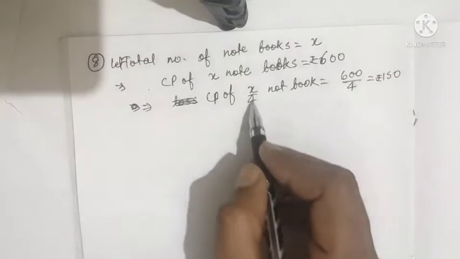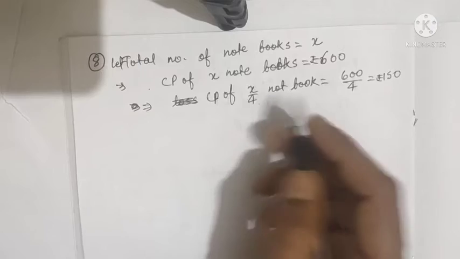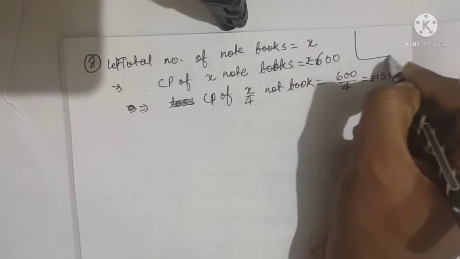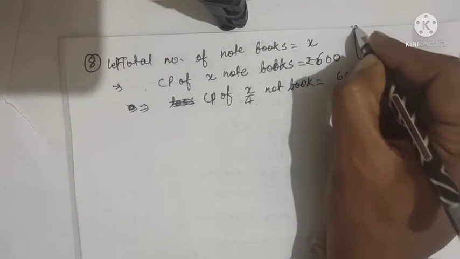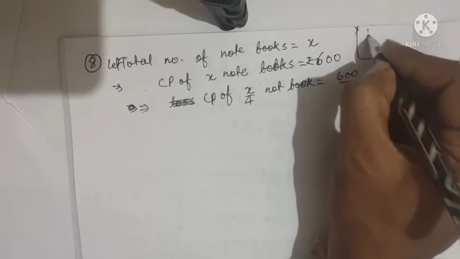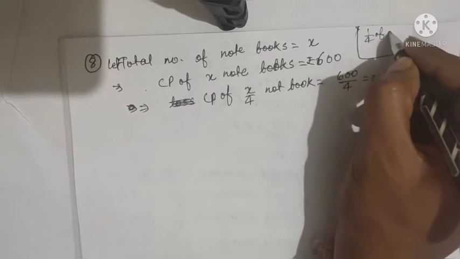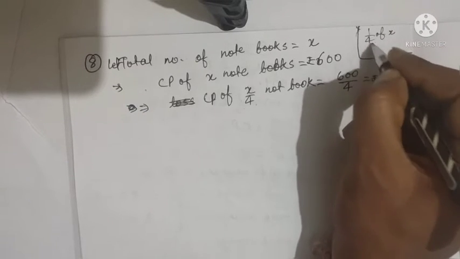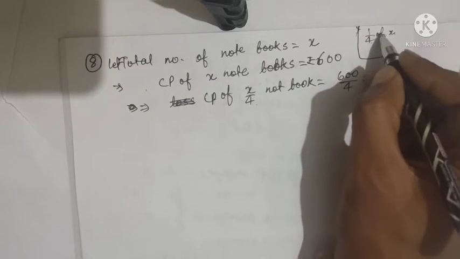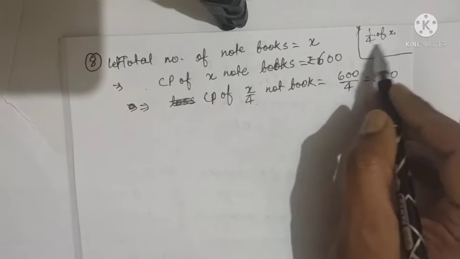Now you may ask why I am writing X by 4. Since it is written that he sold only 1 by 4 of the notebooks, that means 1 by 4 of the number of notebooks, that is X. Now 1 by 4 of X will be equal to 1 by 4 into X, which becomes X by 4. Now you got it.